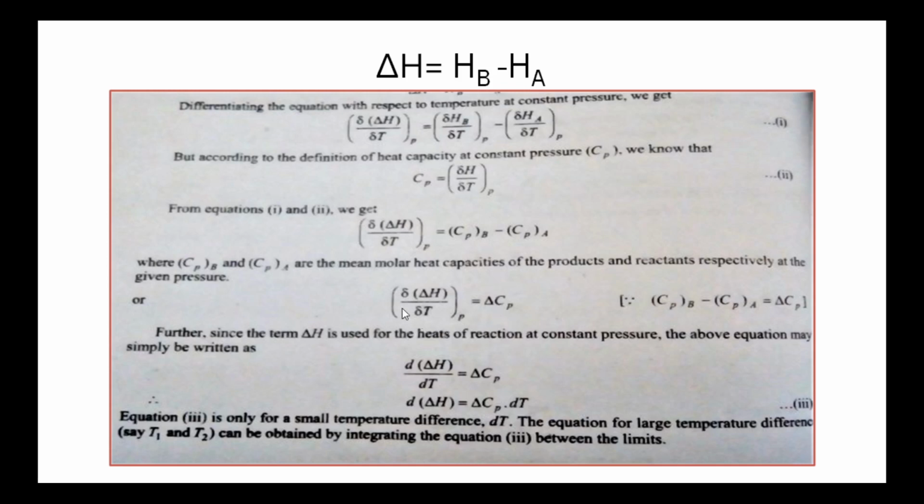Hence this equation becomes delta H by delta T at P is equal to delta Cp.